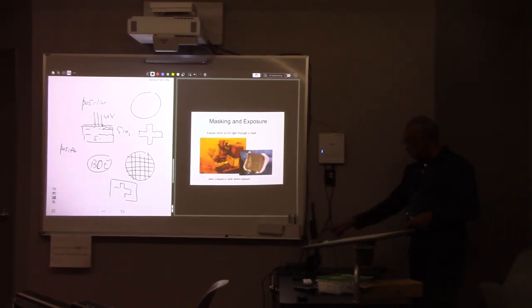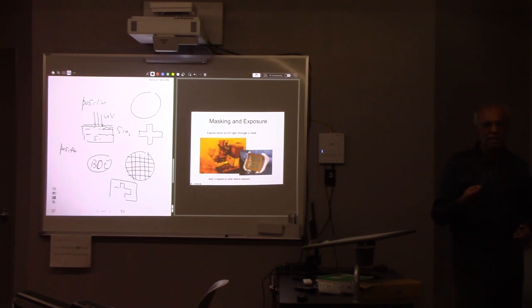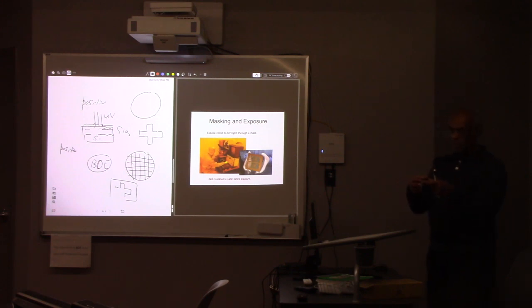Now this is how the mask looks. When you have this mask, the important thing is something called the mask aligner. That's what this machine does. Sometimes you have to expose the same wafer to more than one mask, sometimes three or four masks. So alignment is very crucial, right?